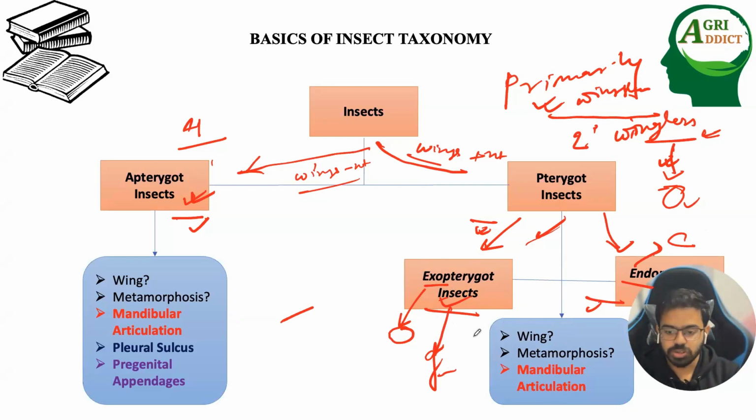When you have gradual metamorphosis, you have egg, then nymph, then adult. When you have endopterygote insects, you have egg, larva, pupa, and adult. These four. Okay.